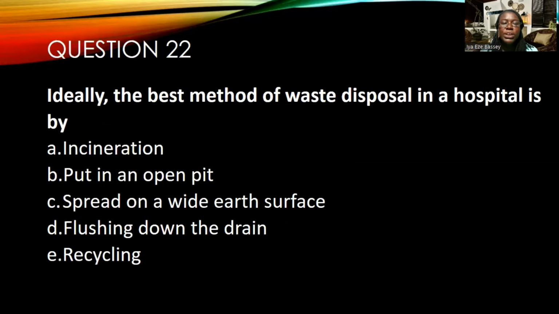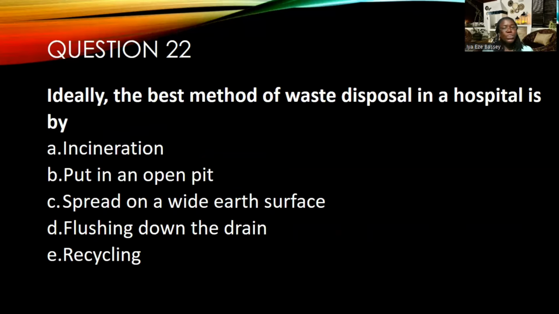So, question 22. Ideally, the best method of waste disposal in a hospital is by A, incineration, B, put in an open pit, C, spread on a white earth surface. That is callous. D, flush it down the drain. Wow, that's serious. E, recycling.